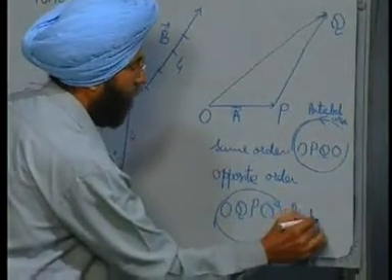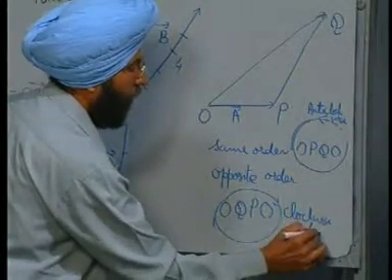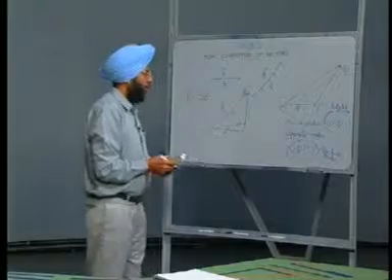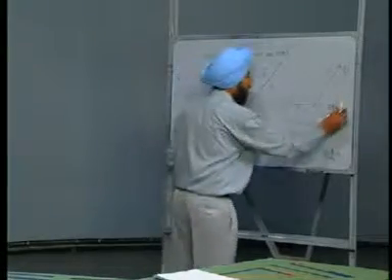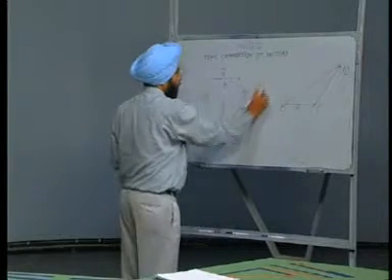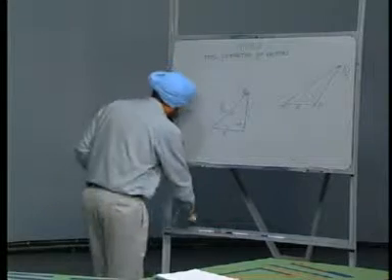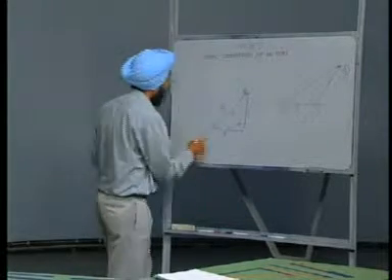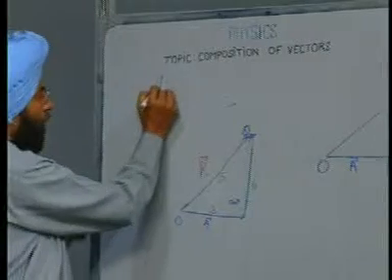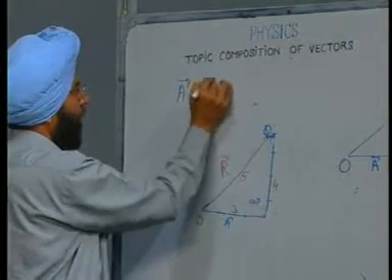Clockwise order and anti-clockwise order are opposite to each other. Now, using these terms, we come back to addition of these two vectors in these two triangles. Here we have two vectors A and B are to be added.